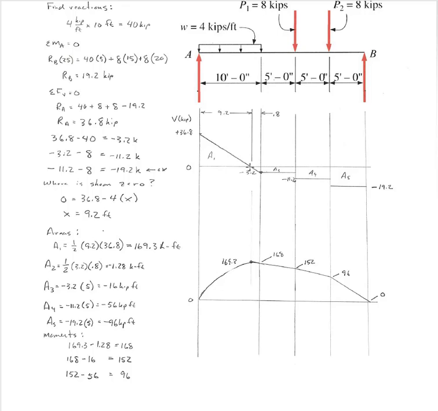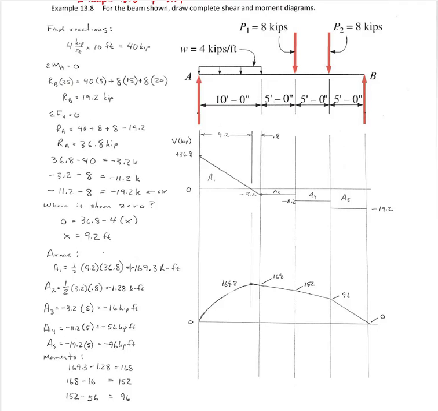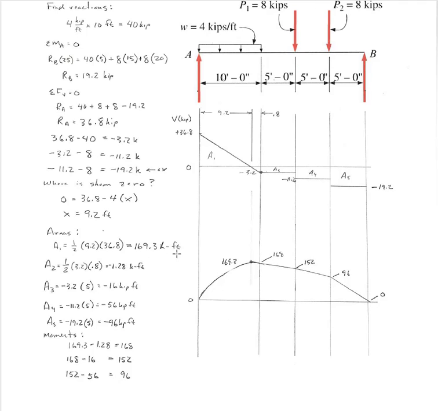Next, I'm going to find my areas. I labeled this A1, this little bitty area here is A2, I'm calling this A3, this A4, and this A5. Area A1 is 1/2 times the quantity 9.2, which is the length, times 36.8, which is the height. So essentially it's the area of a triangle, and I get 169.3 kip feet. Area 2, on the other hand, is 1/2 times negative 3.2 times 0.8, which is this distance here, and I get negative 1.28 kip feet.